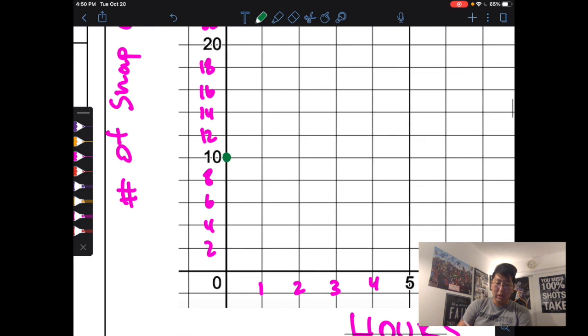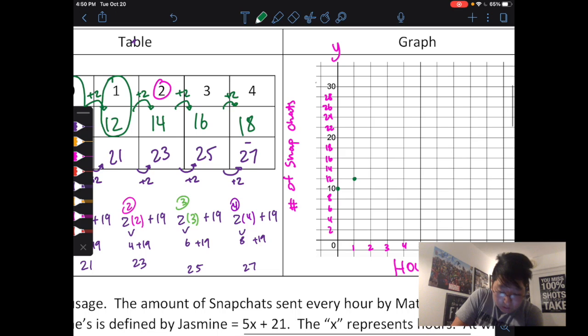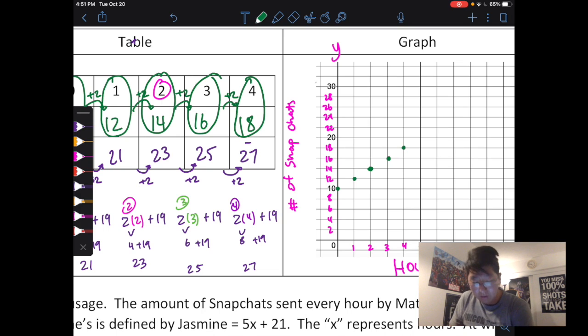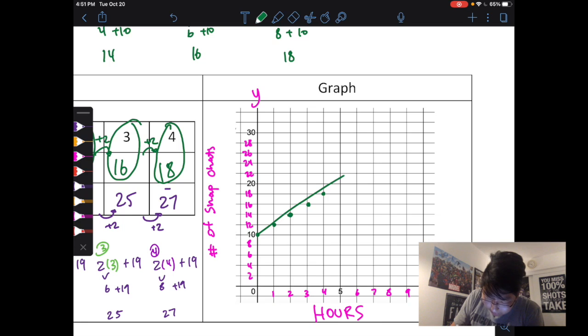So in 1 hour, he sent 12 Snapchats. In 2 hours, he sent 14. In 3 hours, he sent 16. And in 4 hours, he sent 18. So I went ahead and plotted those points. And what I'm actually going to do is draw a line.